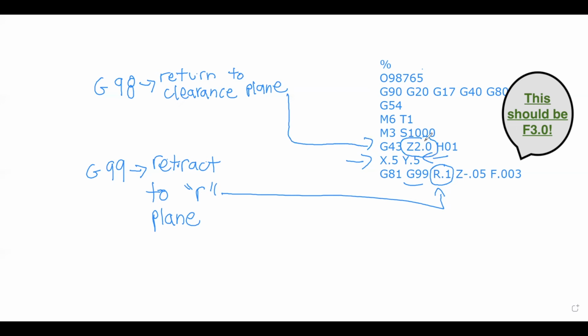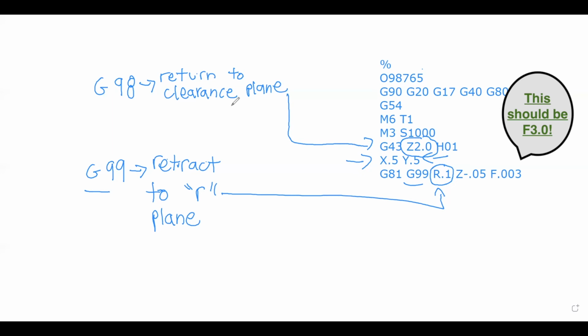For our program, we are using G99. We're just going to have a plate sitting in a Kurt vise, and we can retract to 0.1 above the workpiece. We have nothing to hop over. We don't have any clearance issues, and we don't need to waste time by going up in the air each time before cutting. So G99 will return to the R plane, which we have set in our program line.